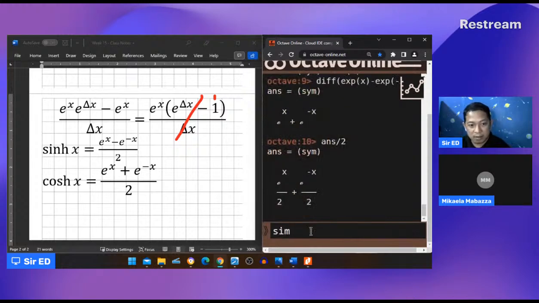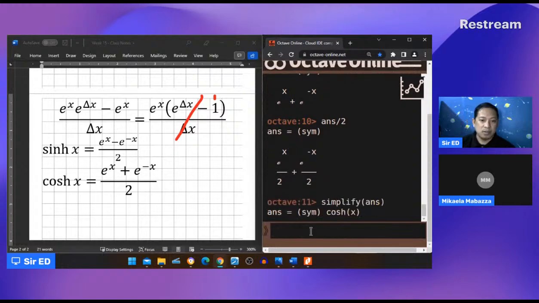Simplify answer. Ayan, cosine, di ba? Lumabas. Nung sinimplify mo yung e raised to x plus e raised to negative x over 2, na-recognize ni MATLAB na hyperbolic cosine siya. So, ayan, magagamit mo itong dalawang ito.